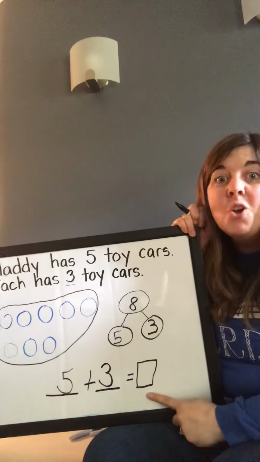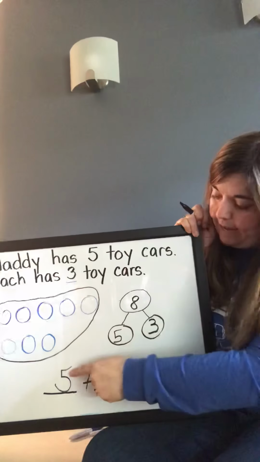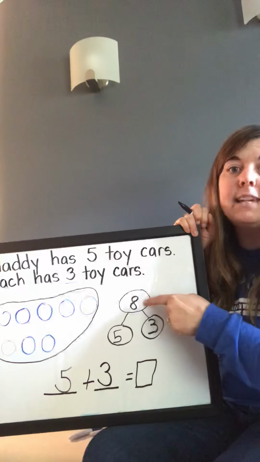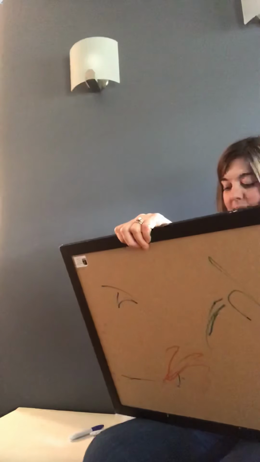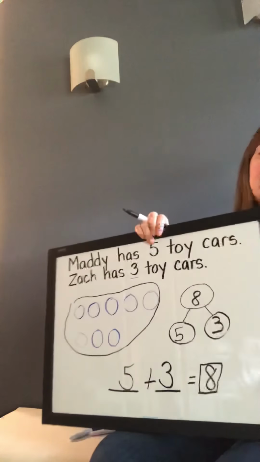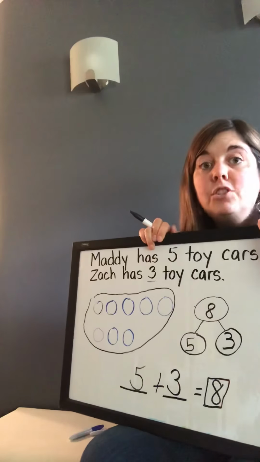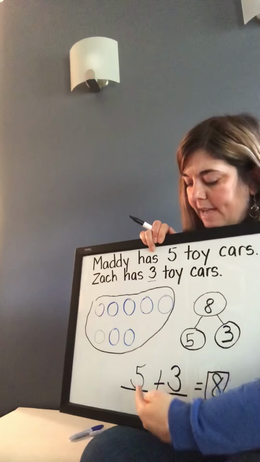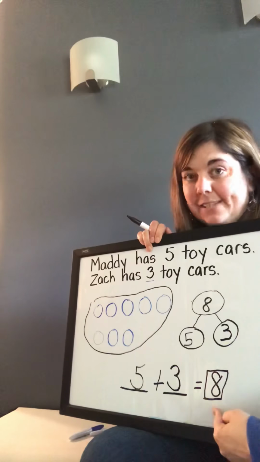But guess what? We already know because we have it in our number bond. We have our 5 and we have our 3, and our mystery number, our whole, is 8. So I'm going to fill in my 8 for my number sentence. Now just echo my number sentence just like we do in math. I'll say it and then you say it. 5 plus 3 equals 8.